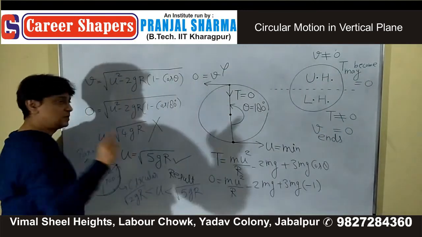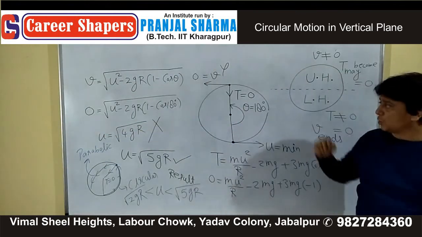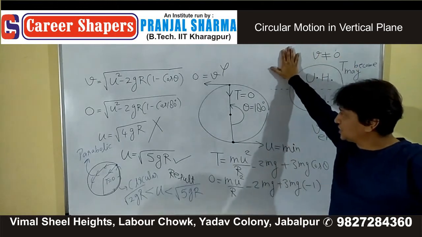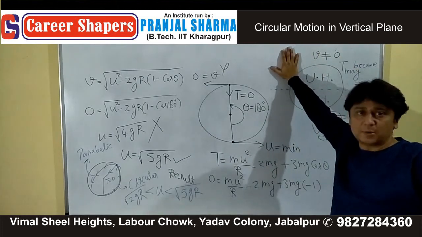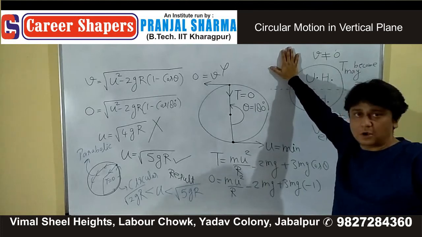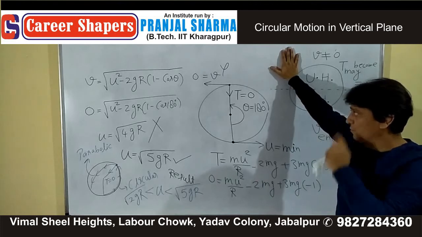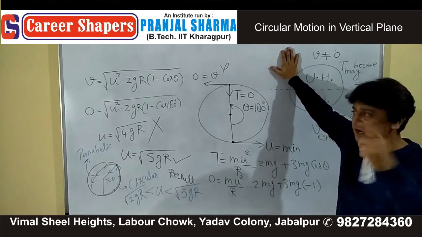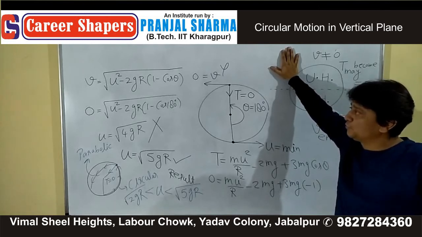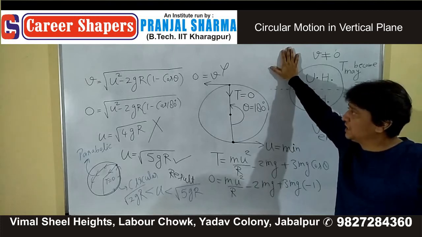Write down this also as a statement. Minimum velocity at the lowest point to complete half circle or full circle. Once half is done, automatically full is done. To complete half circle or full circle is root 5 gr.